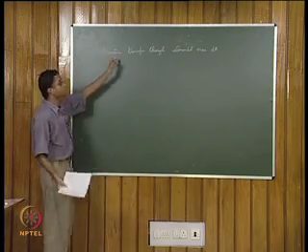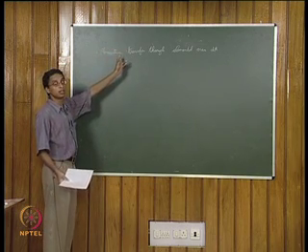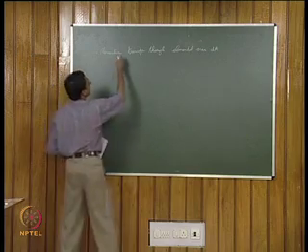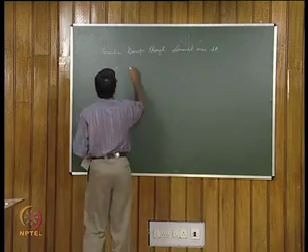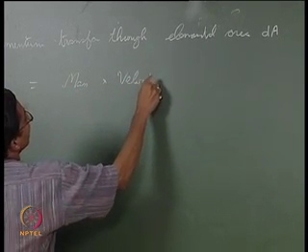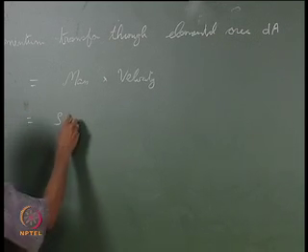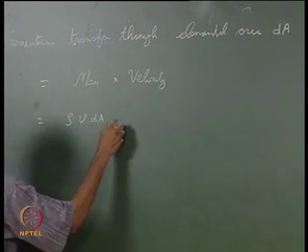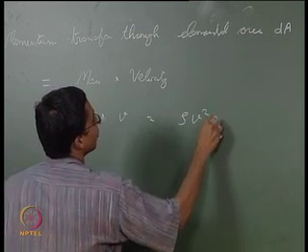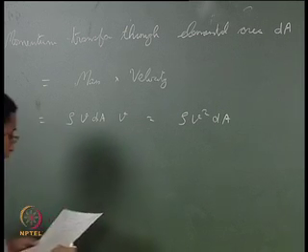You know what is meant by momentum, that is mass into velocity. The momentum transfer through the elemental area is mass into velocity, rho v dA into v. We can write it in the following form, rho v square dA.